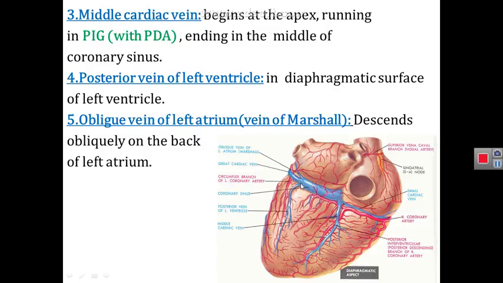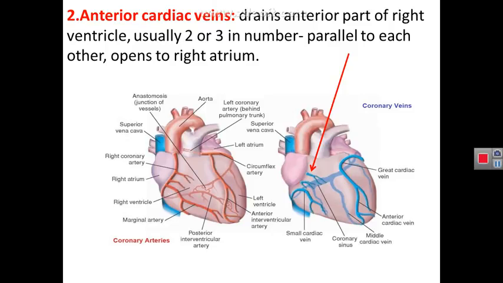This is a minor tributary, and a small vein also called the oblique vein of Marshall, draining the left atrium and running on the back of the left atrium. So this is the first topic of the venous drainage of the heart, which is the coronary sinus, the biggest vein of the heart.